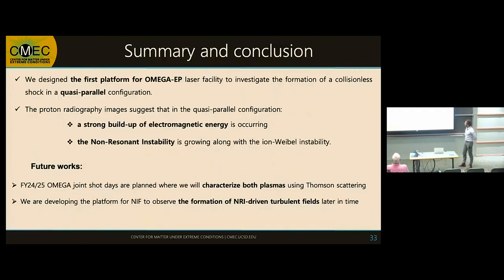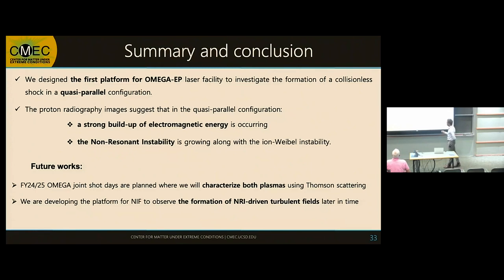So now we conclude. We designed the first experiment for MEGA-EP to investigate collisionless shocks at a high Alfvén Mach number, which are relevant to supernova remnants. We did observe the presence of the Weibel instability followed by the non-resonant instability.